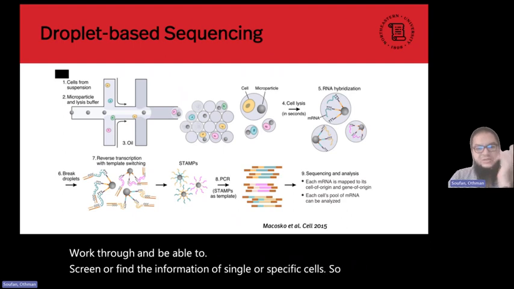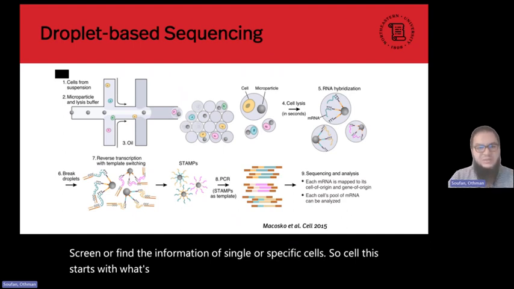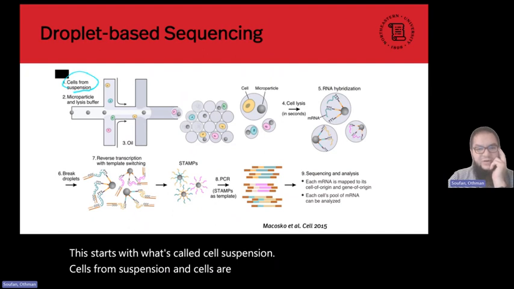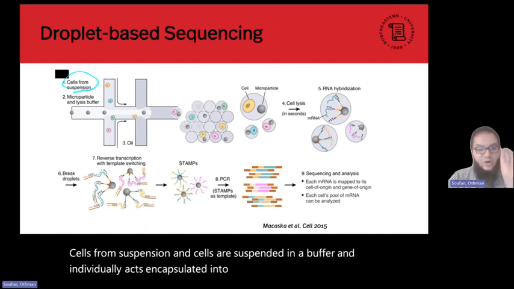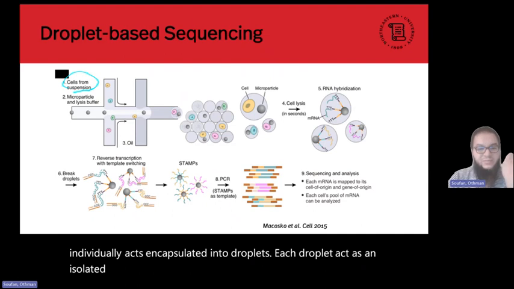So this starts with what's called cell suspension, where cells are suspended in a buffer and individually encapsulated into droplets. Each droplet acts as an isolated reaction chamber.